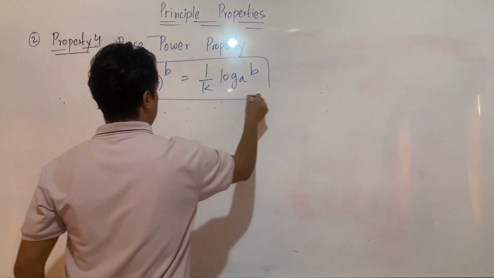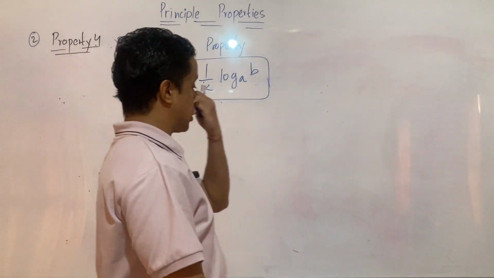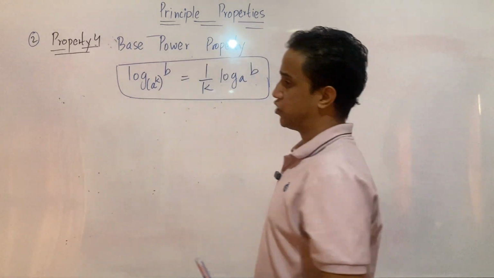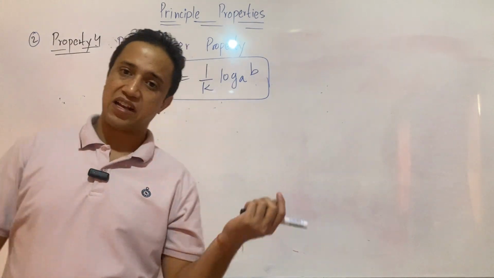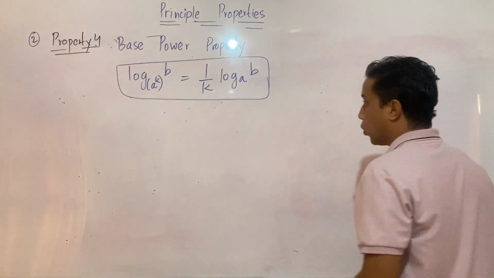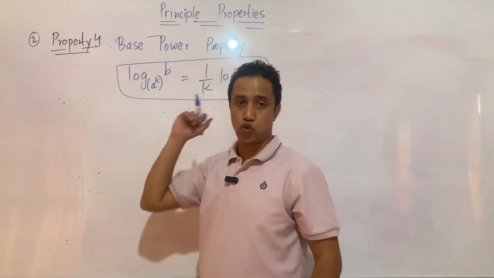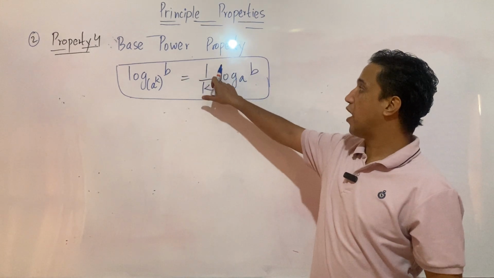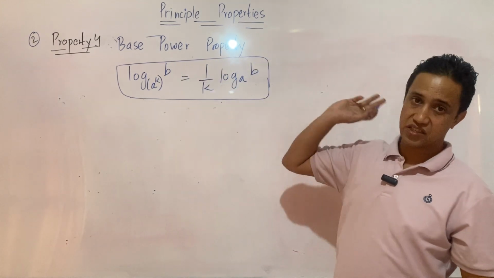Last time in the previous session we did one property and it was the power rule, which says that log of x raised to the exponent n is n log x. But what happens when your base is raised to some power? Then it's going to be 1 by k log b to the base a.